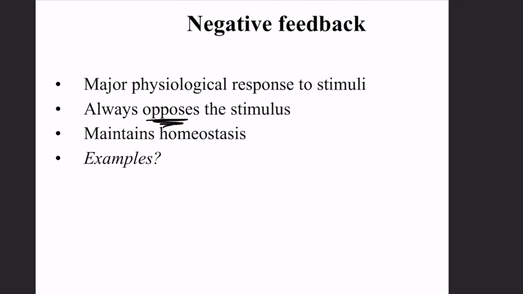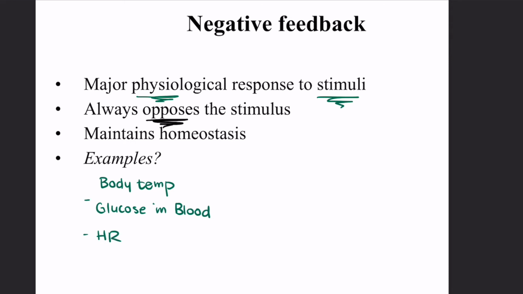So this is one of the main ways that our body maintains homeostasis, and it's a major way that our functionality changes when we have different stimuli occurring. So some examples of this, we've been talking about body temperature, and glucose in the blood. We're going to talk about these a little more deeply. And heart rate. We're going to talk about this later on this semester.